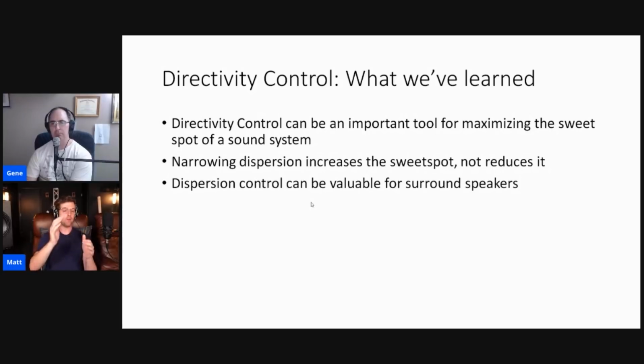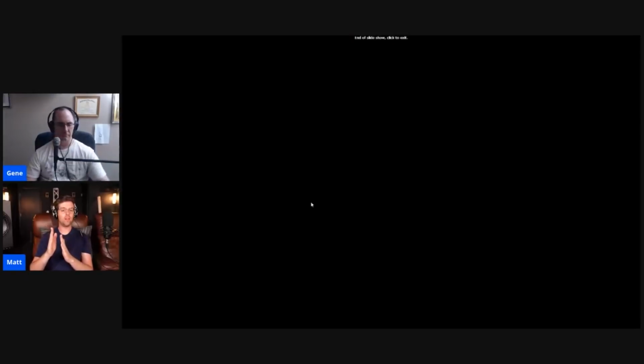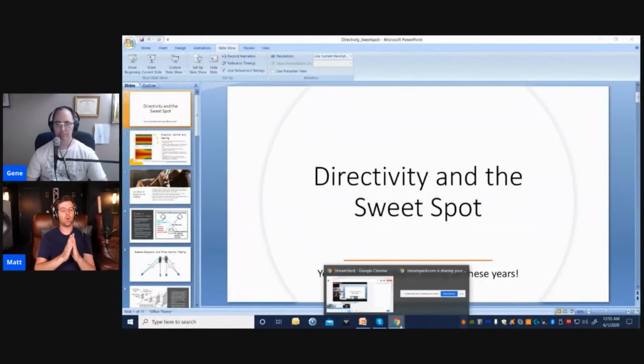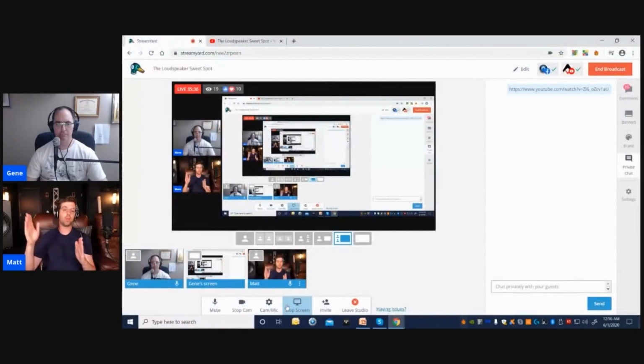Vertically, if you angle them correctly, you get that time intensity trading again: as you get closer to one, you're moving more off axis so it gets quieter, and you're moving more on axis to the other so it gets louder. That creates a stable image both front to back and side to side. I really wish these types of speakers were more common, but you just don't see them a lot.